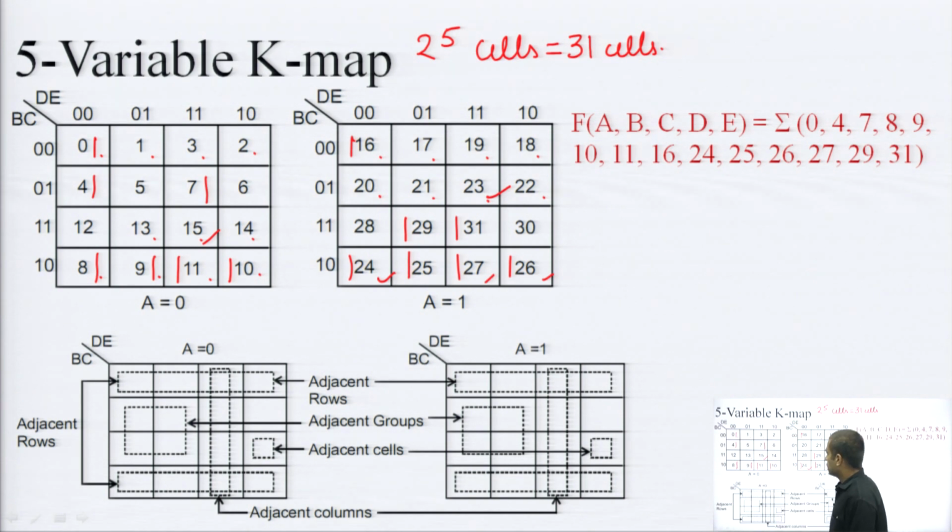If the first 4 variable K map corresponds to A equal to 0, then any group formed only in this first K map will additionally include the A bar term.